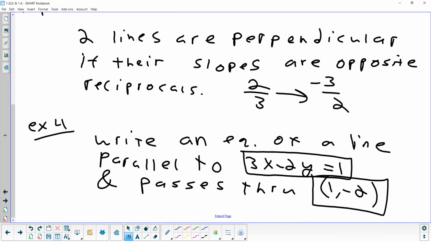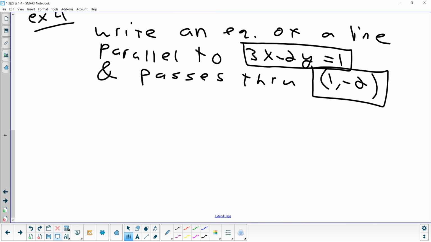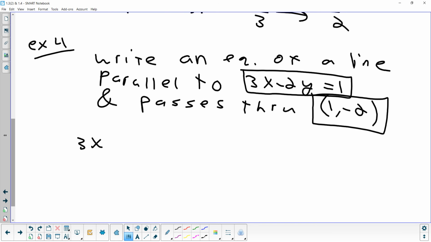How am I going to get the slope of 3x minus 2y equals 1? What did I recommend earlier you do to make it easier to see the slope? Because it's there, it's just not easy to see. Yep, Ashley? Slope-intercept form. Yeah, let's rewrite that in slope-intercept form. 3x minus 2y equals 1.